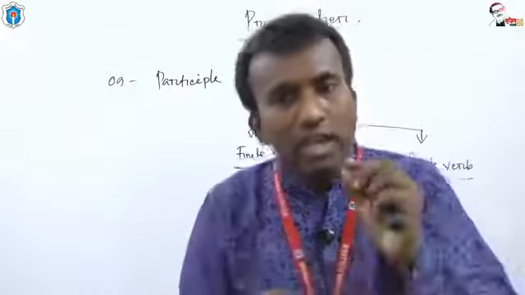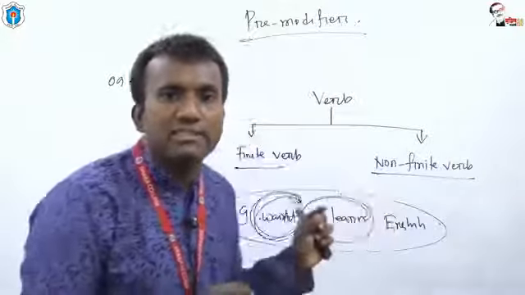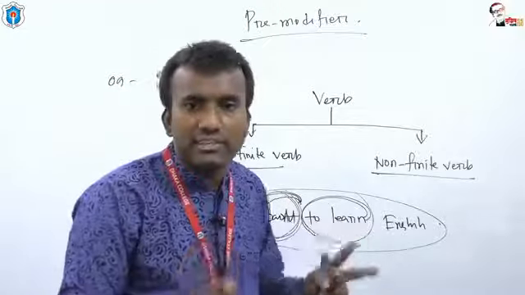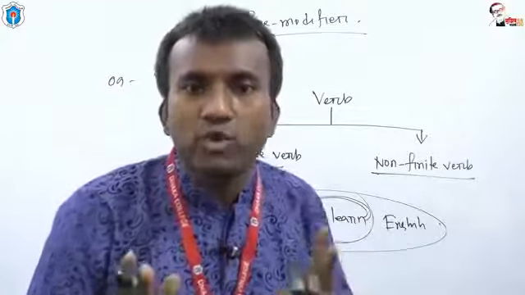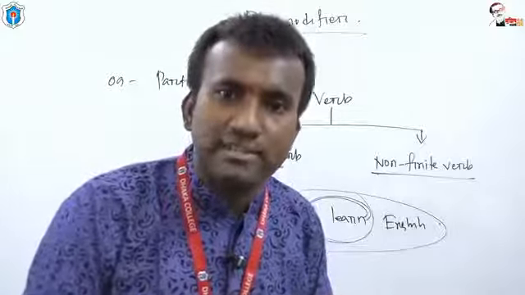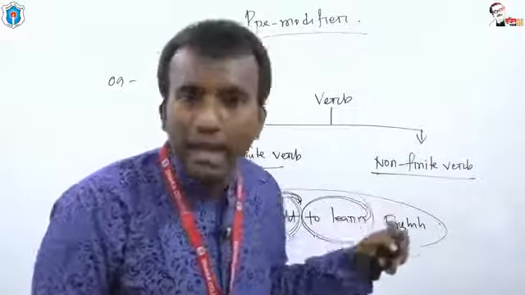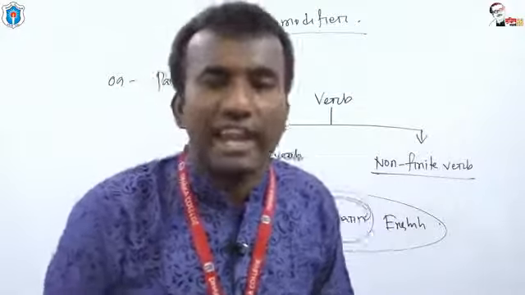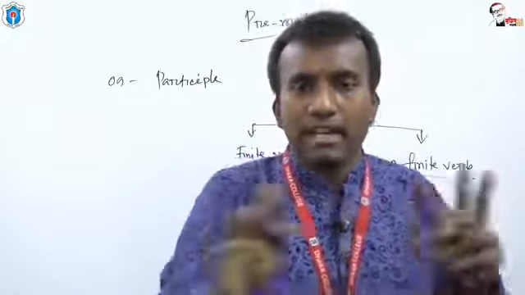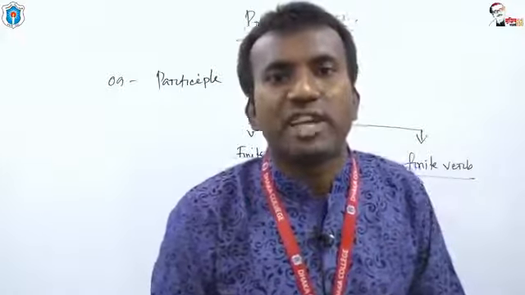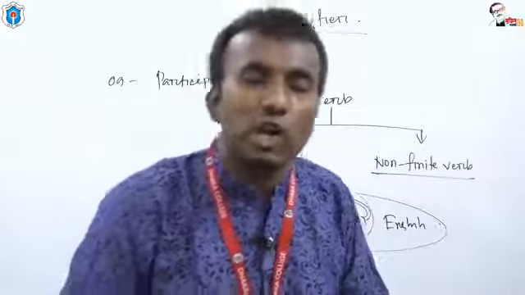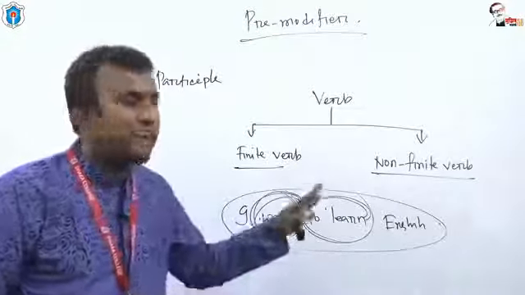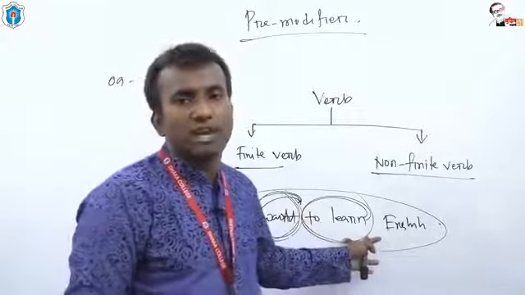The verb by which we can identify the tense of the sentence is called finite. The verb that doesn't help us to identify the tense is called non-finite verb. So the finite is "want", and the non-finite verb is "to learn".